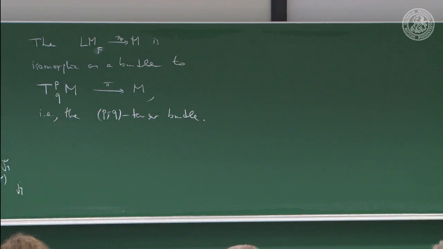Okay, so that's now not a big surprise. This is just the extension of the previous example where we constructed the tangent bundle as an associated bundle to the frame bundle. Now we extend this to tensors. This is not very spectacular. Any question?